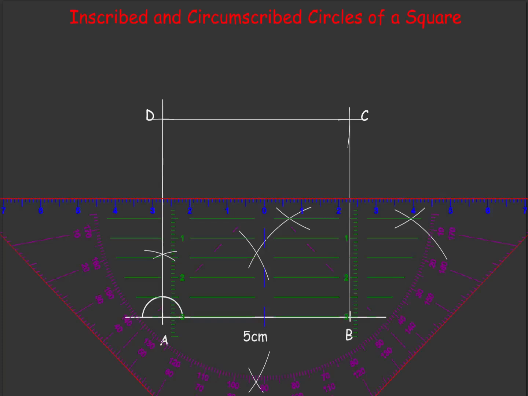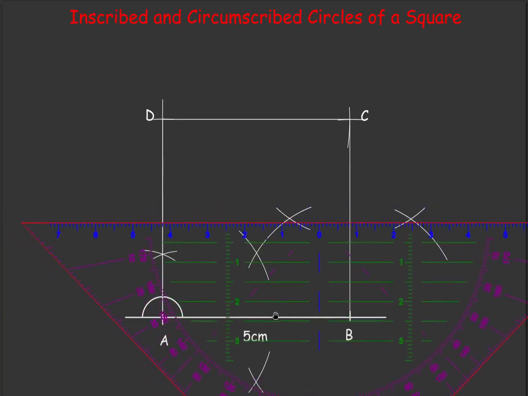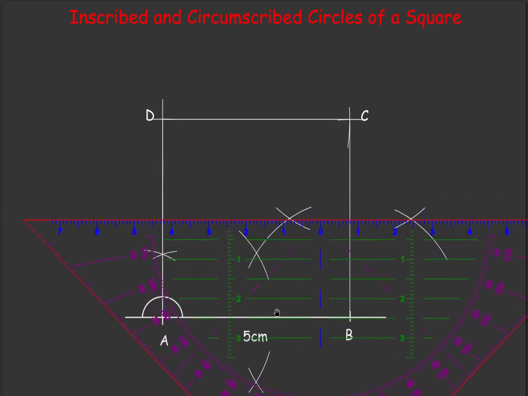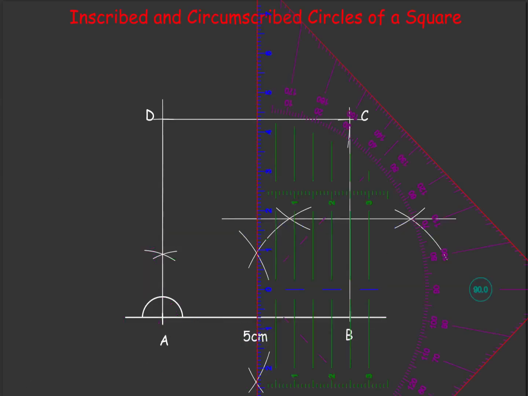So you take your ruler and you draw a straight line through these 2 arcs. So I'll draw my straight line, see, such that it passes through the 2 points. And then you also do the same for this as well. So you take your ruler and position it vertically, and then you draw your straight line.